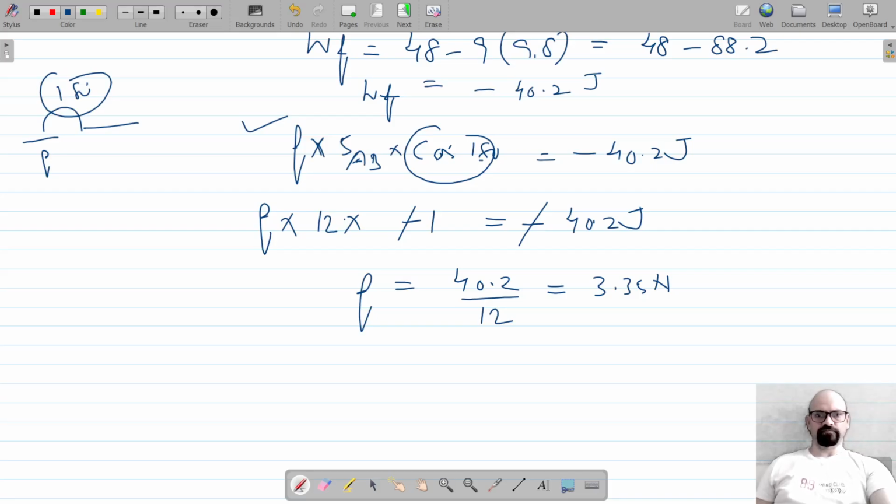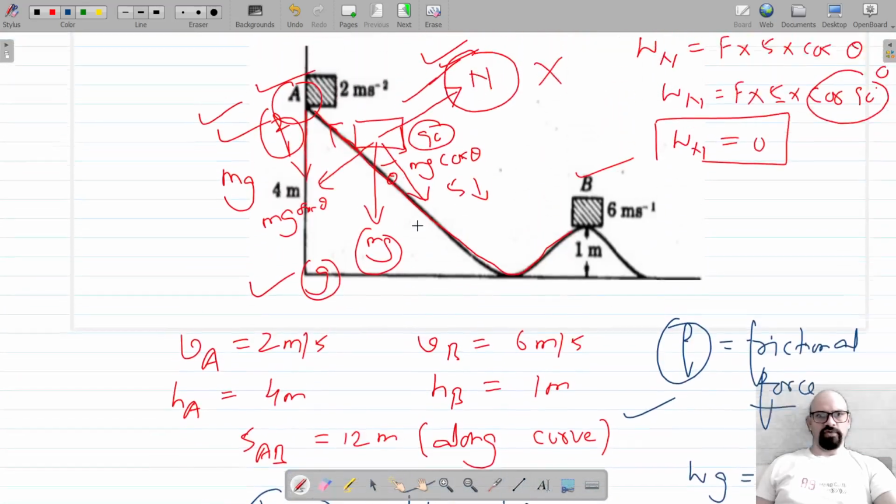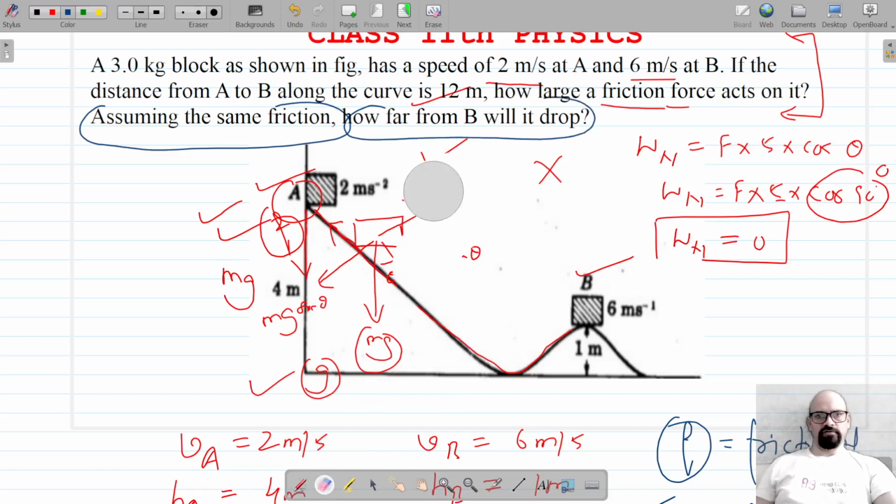And let's move on to the next part, which says that we have to assume the same friction. Let's keep this friction as it is, and now, assuming the same friction, how far from B will it drop?